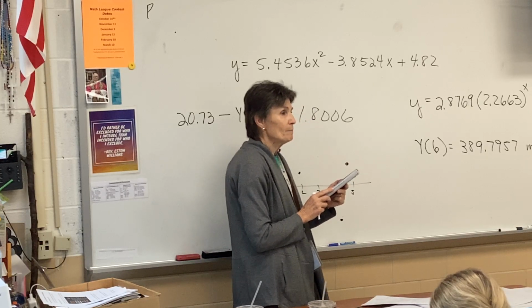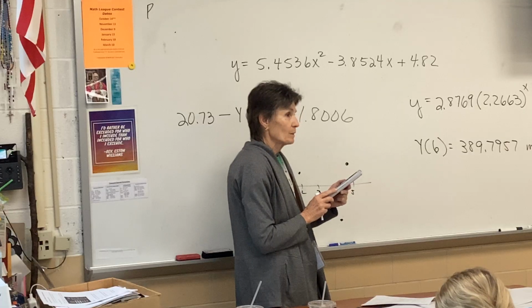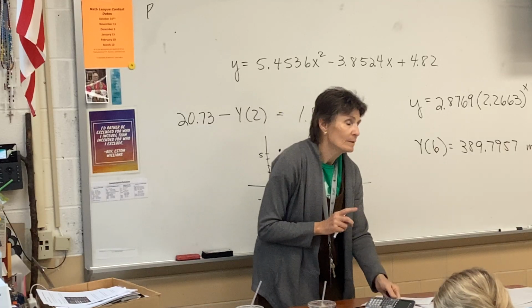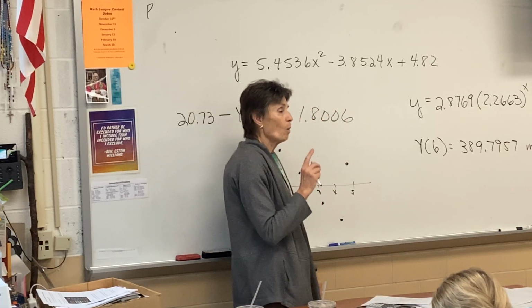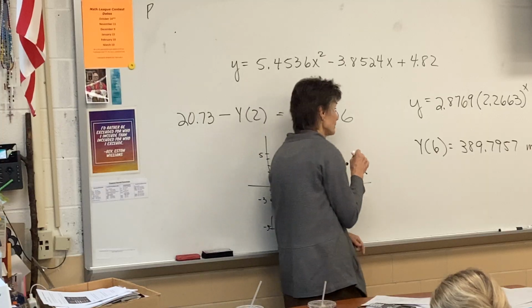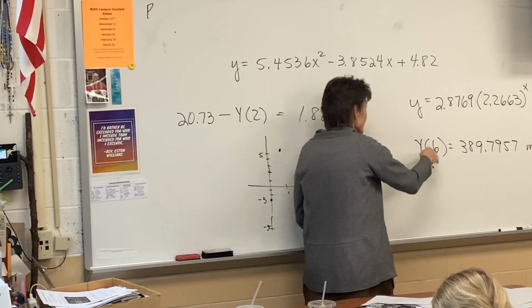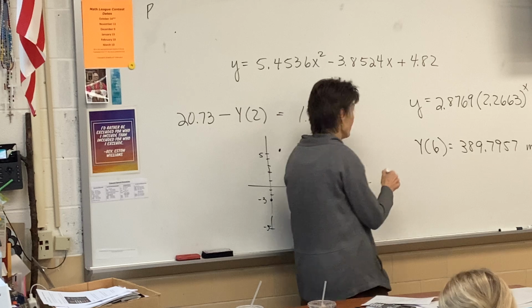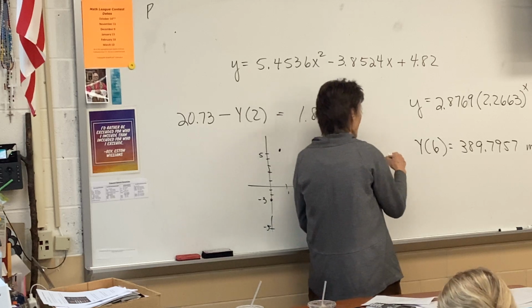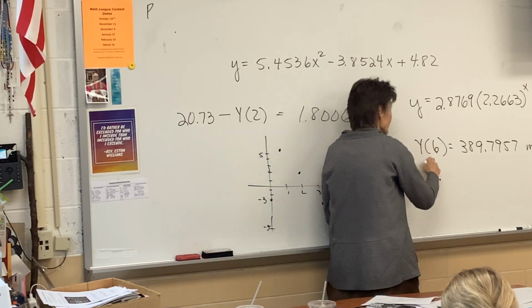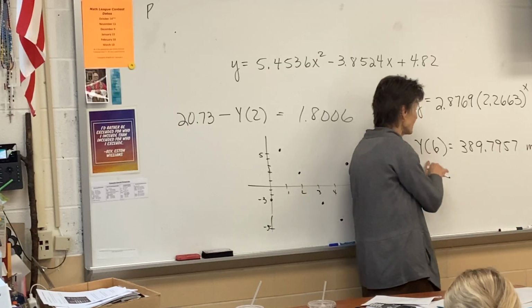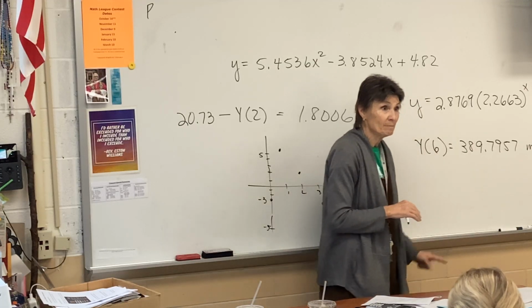Is that what you got? All right, now remember, in the quadratic model, approximately 6 years, it was actually a little bit more than that, but approximately 6 years, 2013, was 200 million.